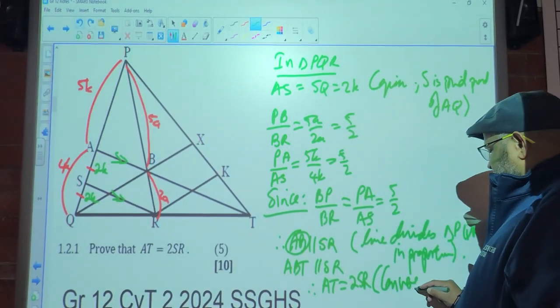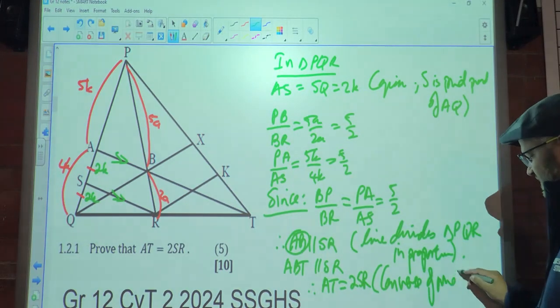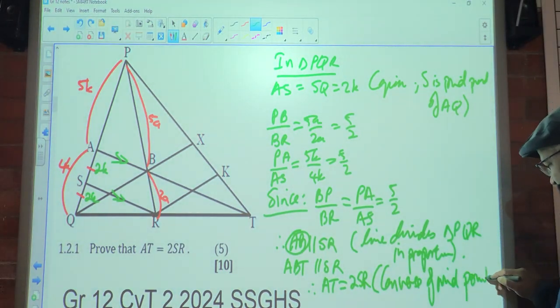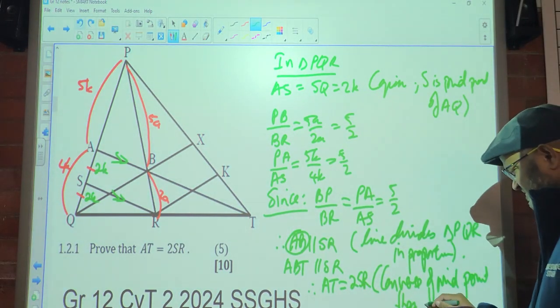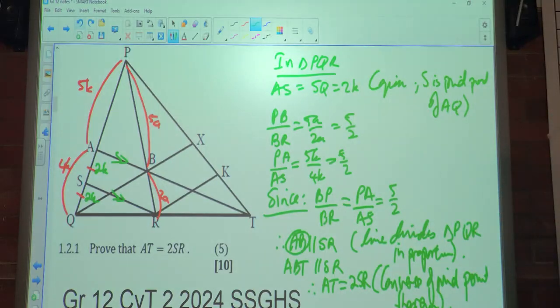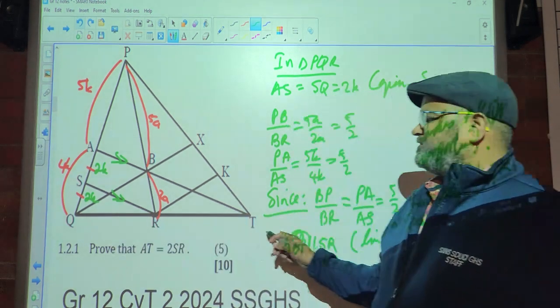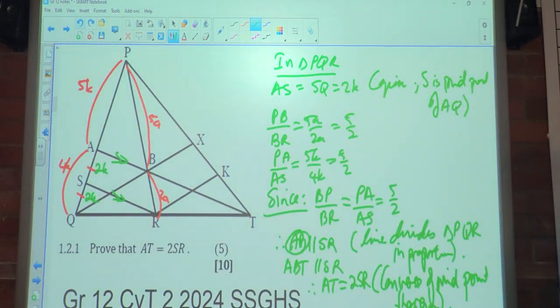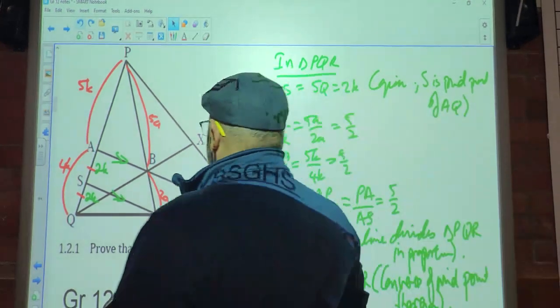Because of the converse of the midpoint theorem. You can't write midpoint theorem, because we didn't prove that QR is equal to RP. Okay, and that's where I think one of you lost the mark here as well. You couldn't have said that.